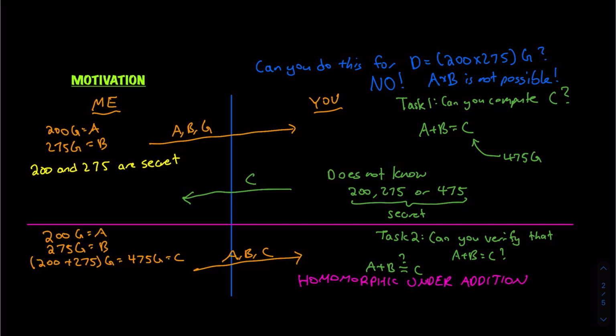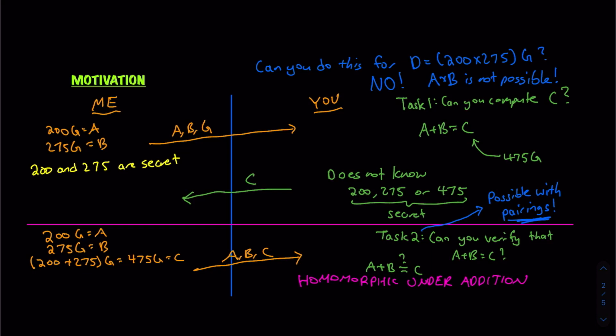But is the other use case possible? If I compute A and B and D and give them to you, can you verify that I did this computation correctly without knowing the underlying secret values? As it turns out, with elliptic curve pairings, it is possible, and that's why we're learning about them.